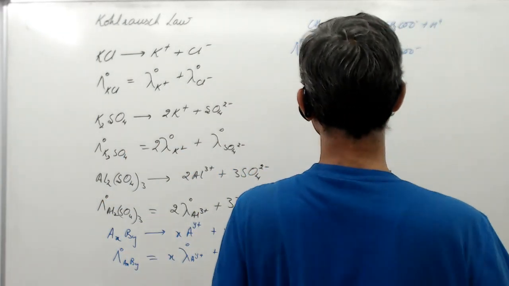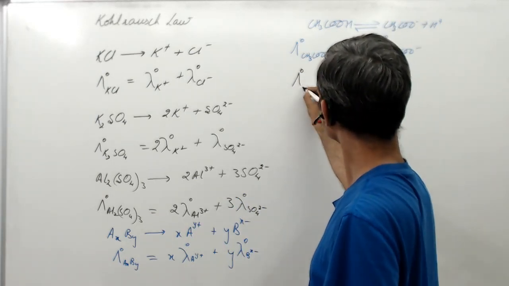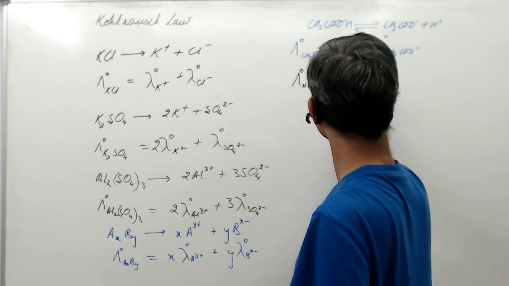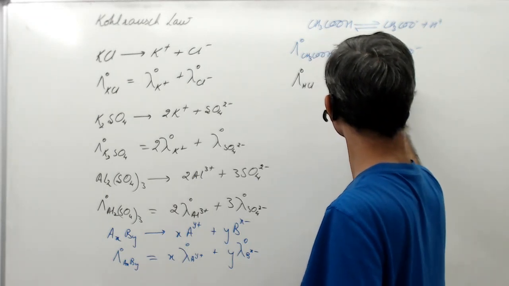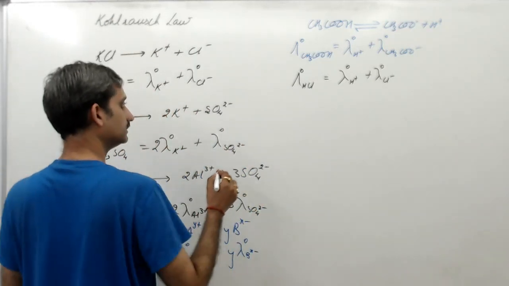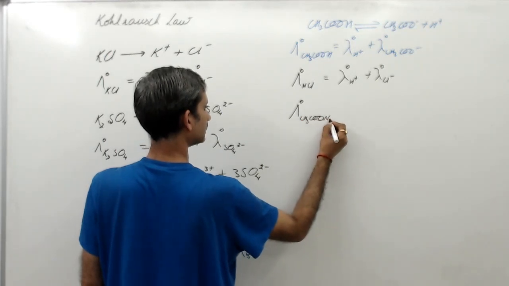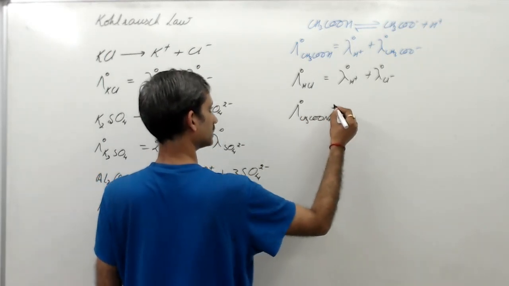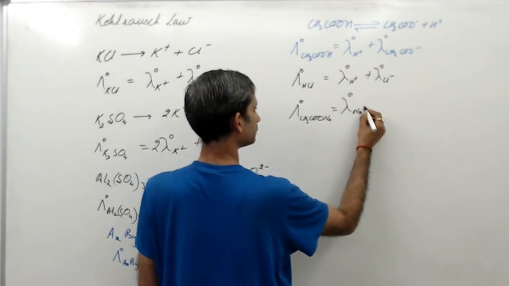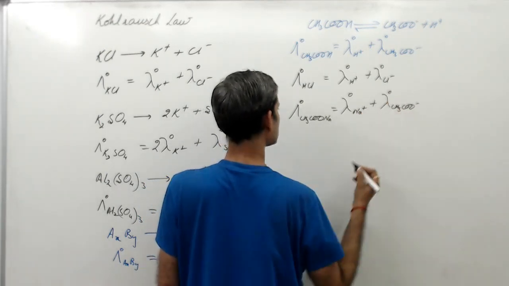What I do is I take the lambda naught of HCl. Now this would be equal to lambda naught of H plus plus lambda naught of Cl minus. Then I can get along with lambda naught of CH3COONa. This is a salt, it's a strong electrolyte, so I get it as lambda naught of Na plus plus lambda naught of CH3COO minus.